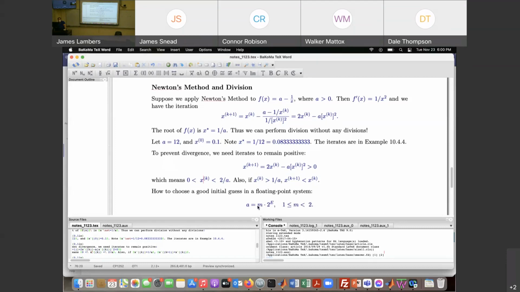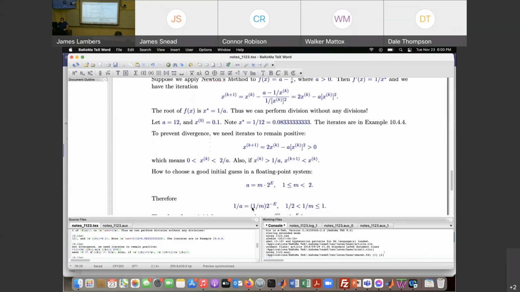We may not know what 1 over a is, but because we know the magnitude of a, we know the magnitude of 1 over a also, by negating the exponent. So 1 over a has this floating point representation. Now, we don't know what this is, but we do know that it's within this interval.